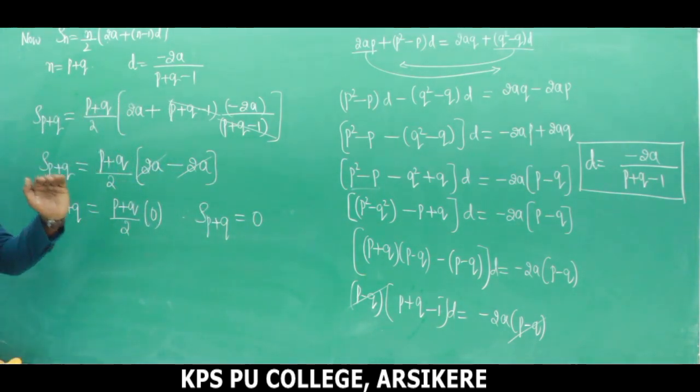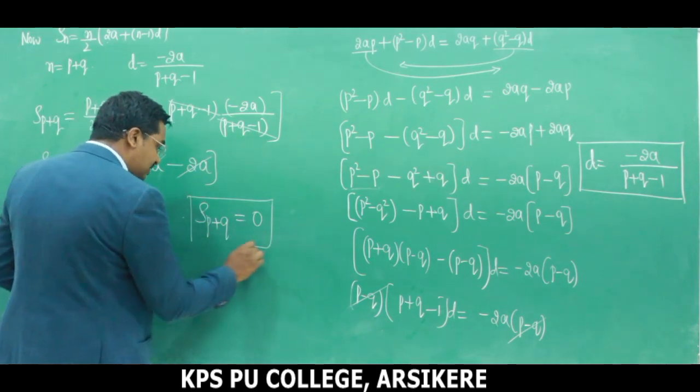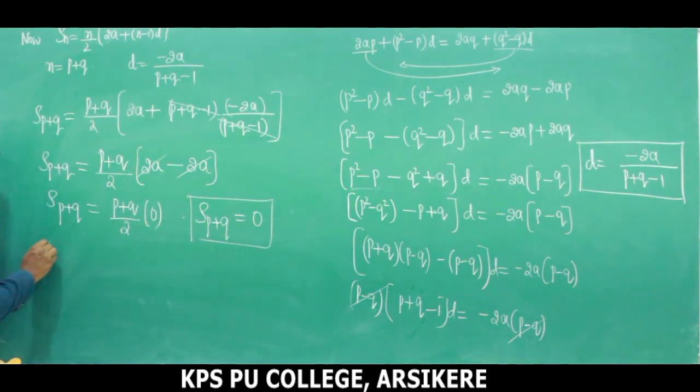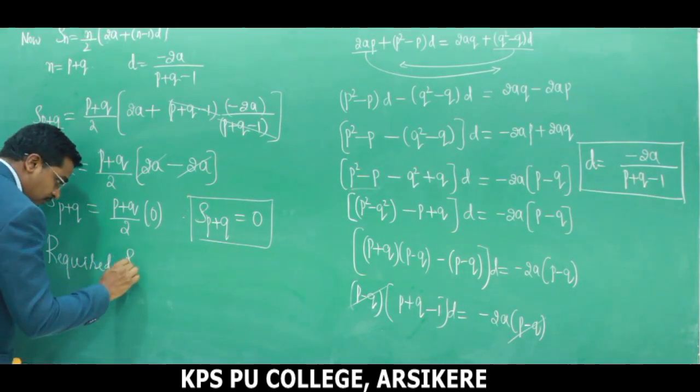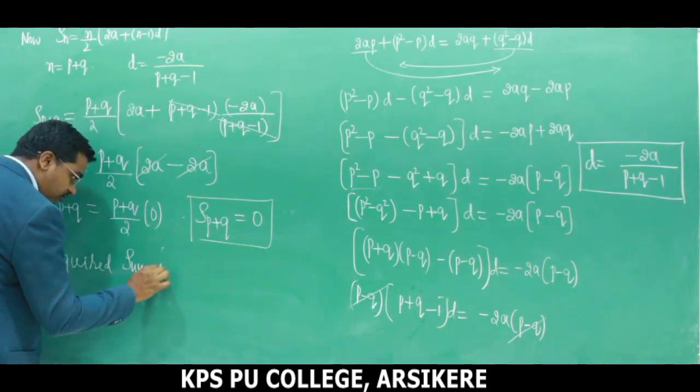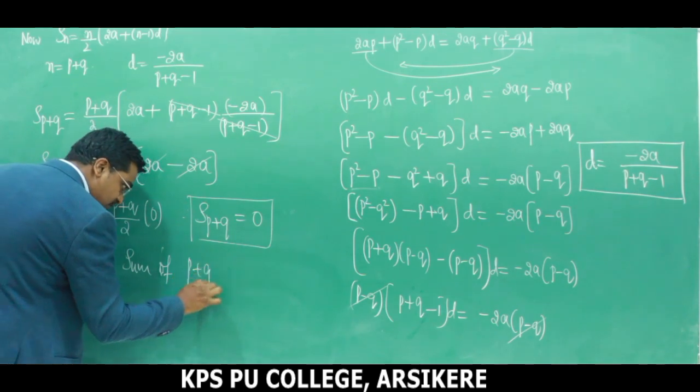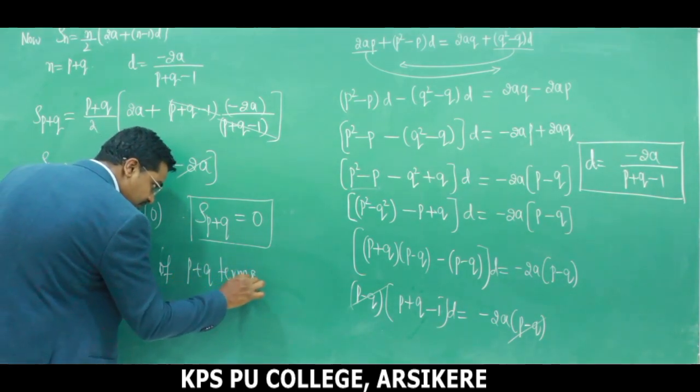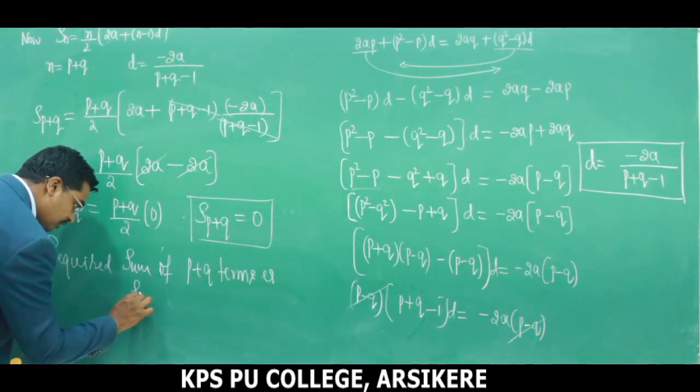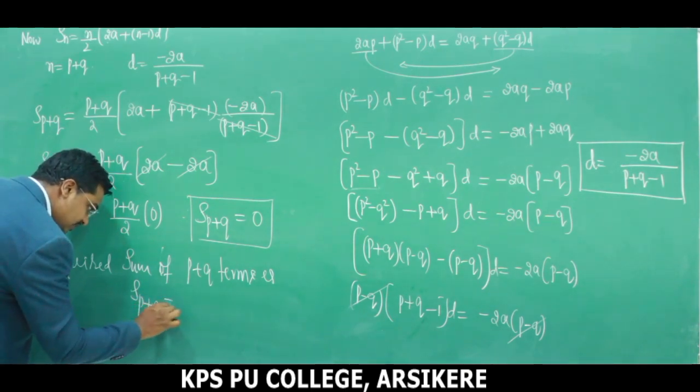The sum of the first P plus Q terms is equal to 0, therefore the required sum of P plus Q terms is S of P plus Q equal to 0.